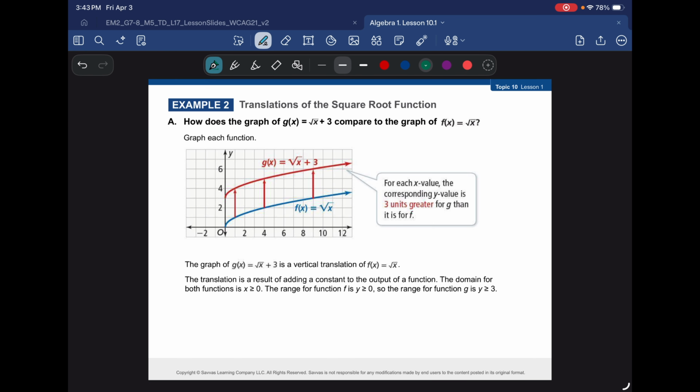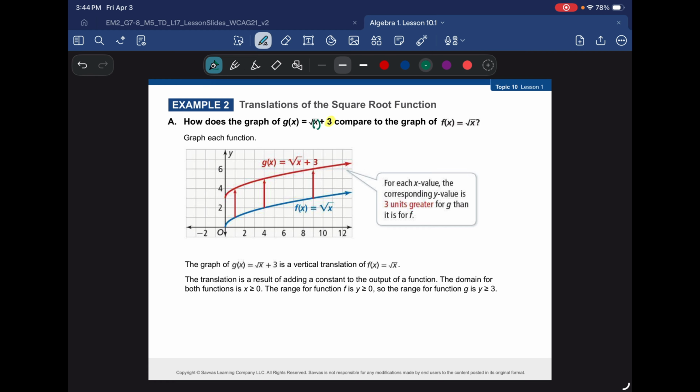Now let's look at transformations, and specifically translations of the square root function, where we are moving it left or right or up or down. So here is our new function, the square root of x plus 3. If we remember our rules about transformations, if the change to the parent function happens outside of the parentheses, I could put imaginary parentheses around my input.